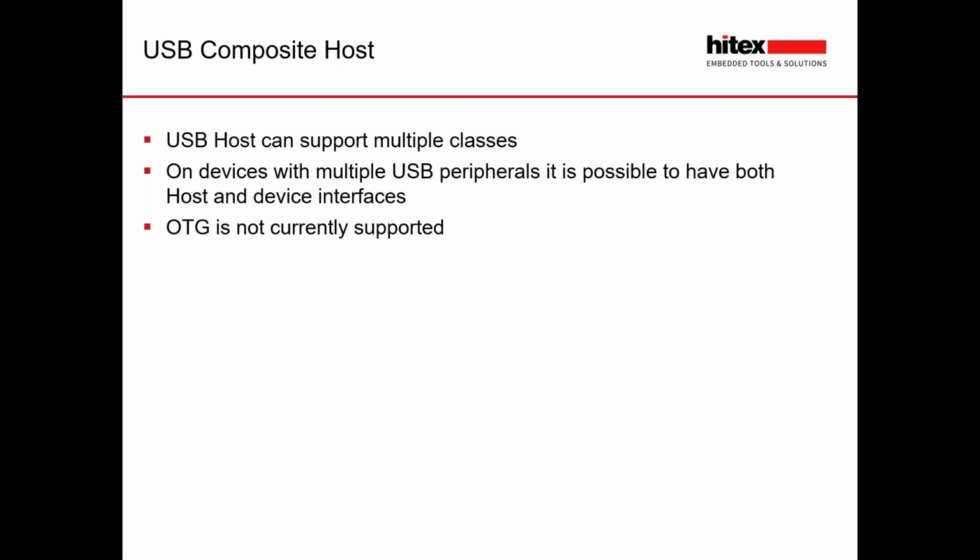There is an additional USB standard called USB On-The-Go, or OTG, where you can connect a USB device and the two sides communicate or decide who's going to be the host. This isn't supported within the Keil stack at the moment, though there are a number of microcontrollers out there that do have OTG support.